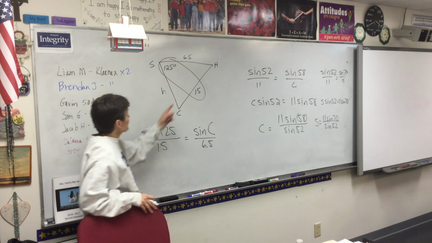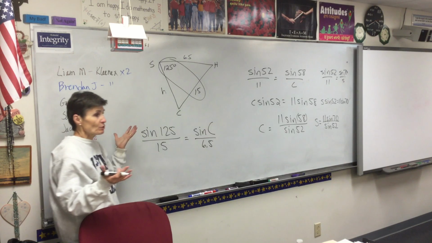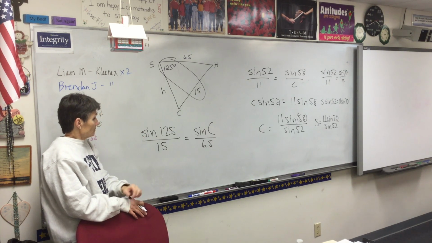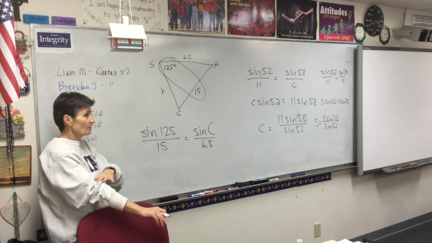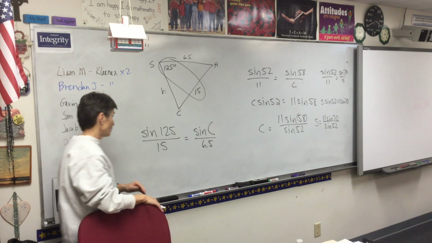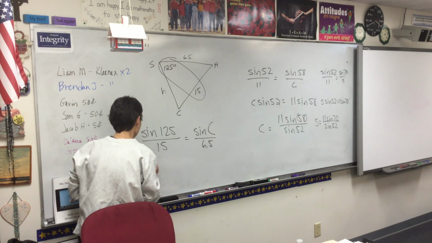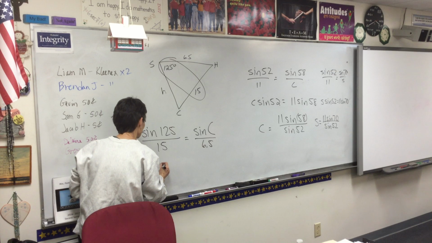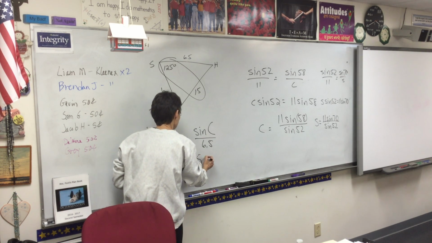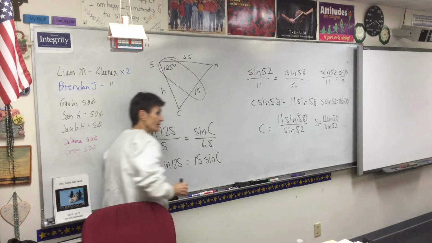I mean, if you tried to say sine H over H, you'd have too many variables. Okay, tell me what to do now. Cross multiply. So 6.5 sine 125 equals 15 sine C.